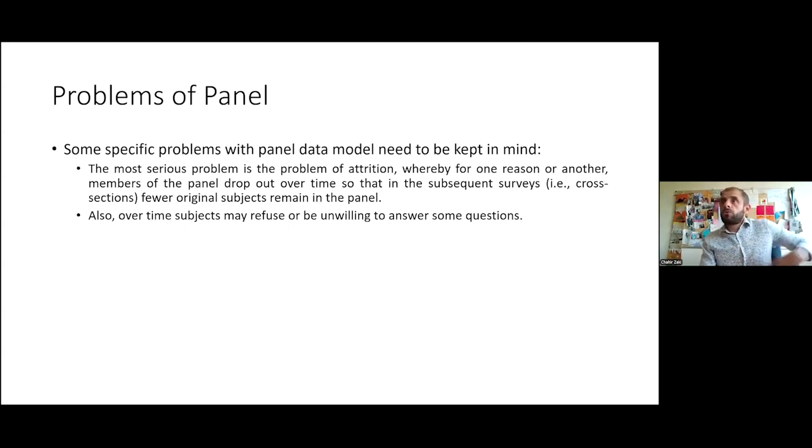And if I'm not able to follow them over time, I'll not be able to have a panel, right? So that's why this might oblige us to work with the pooled version of the data. And as I said yesterday, for those who are working with the World Bank Enterprise Survey, in general, it's more convenient to work with the pooled version because we are not really able to work with the panel one. Okay?